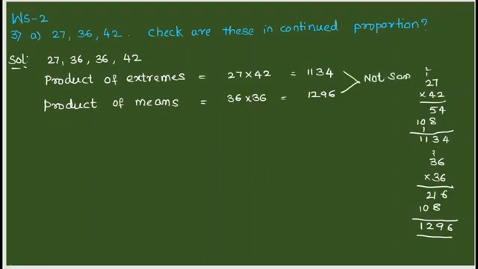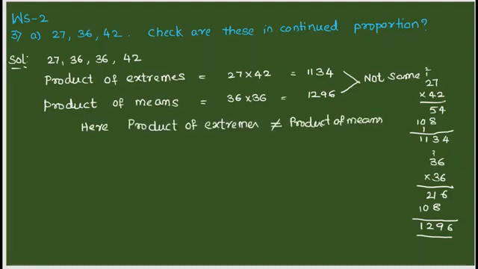That means we can say that since the product of extremes is not equal to the product of means, 27 and 36, 36 no need to repeat now, only once you write, and 42 are not in continued proportion.